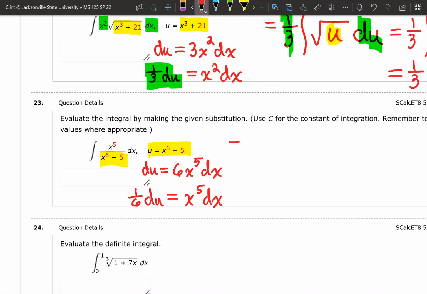So if we rewrite this thing in terms of u, we'll have a constant factor of 1/6 out front. The bottom is u. And then the x to the 5th dx, along with the 1/6, gives us the du.